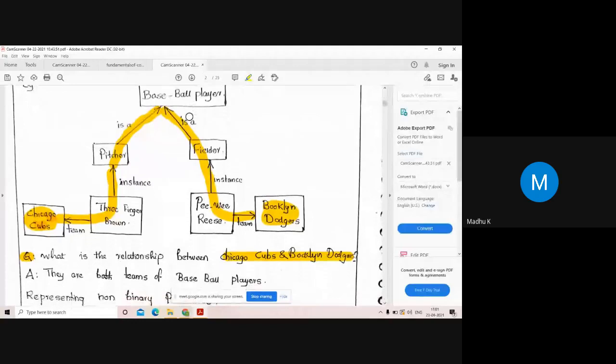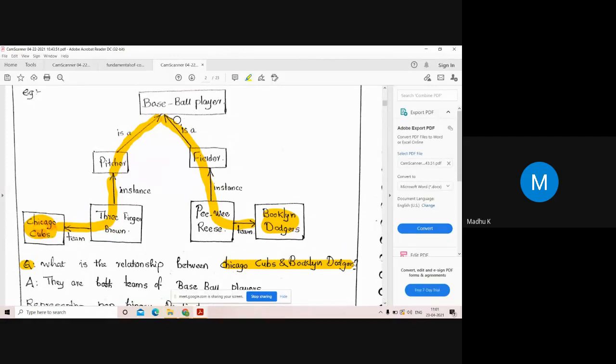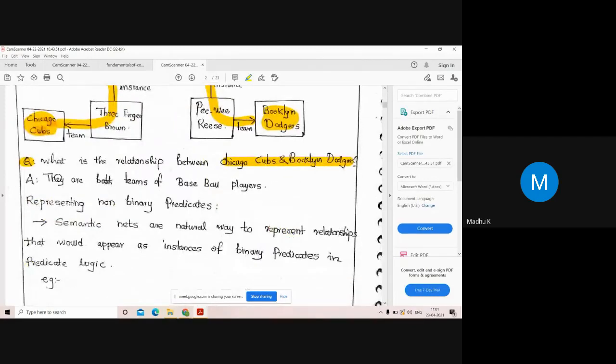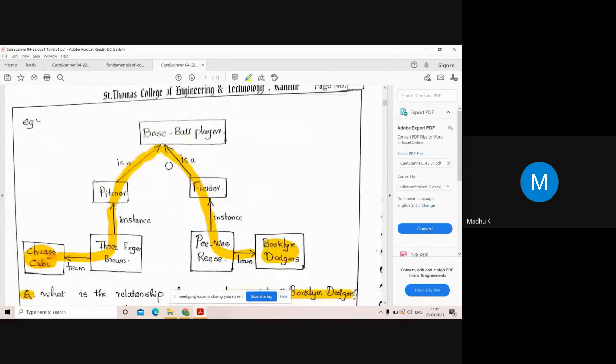Anyway, baseball player. So they meet at this point. We can say that they are both teams of baseball players. This is the answer.